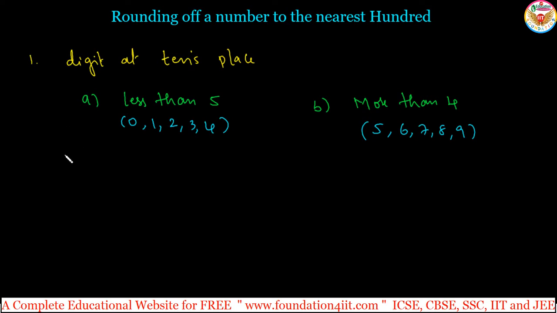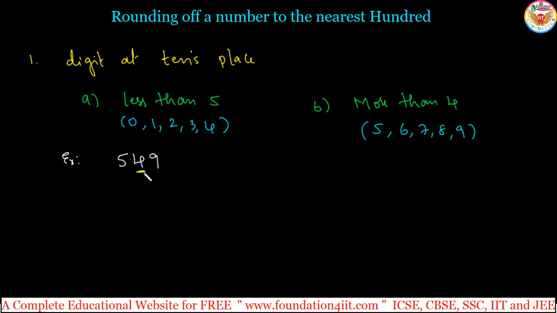Let us take one example: 549. To round this to the nearest 100, as per the rule, look at the digit at the tens place. The tens place is 4.